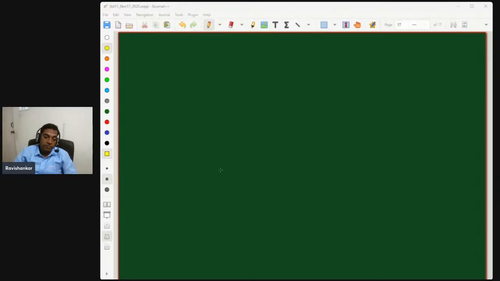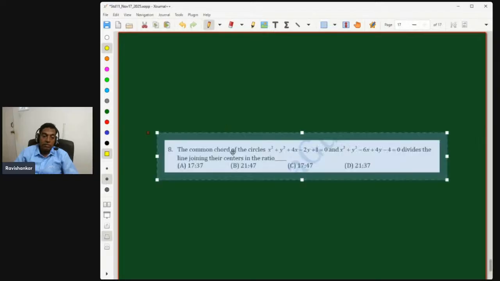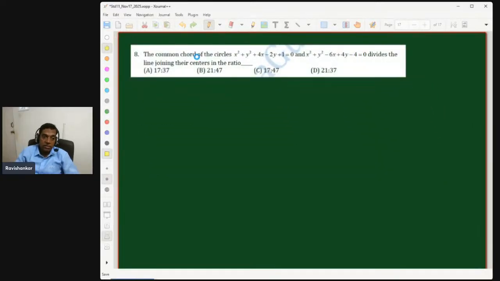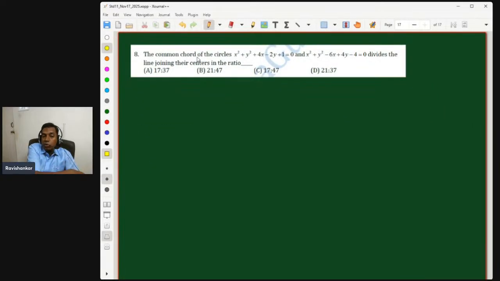So first let me ask you to do question 8. The common chord of the circles divides the line joining their centers in what ratio? It's not a direct question of just finding the common chord.